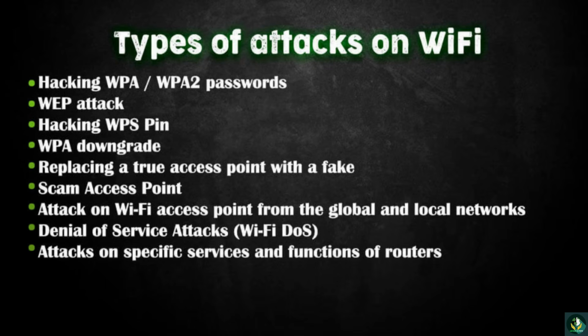Types of attacks on Wi-Fi include hacking WEP, WPA, and WPA2 passwords, WPS attacks, WPA downgrade, replacing a true access point with a fake scam access point, attacks on a Wi-Fi access point from global and local networks, and denial of service attacks, Wi-Fi DoS, and attacks on specific services and functions of routers.